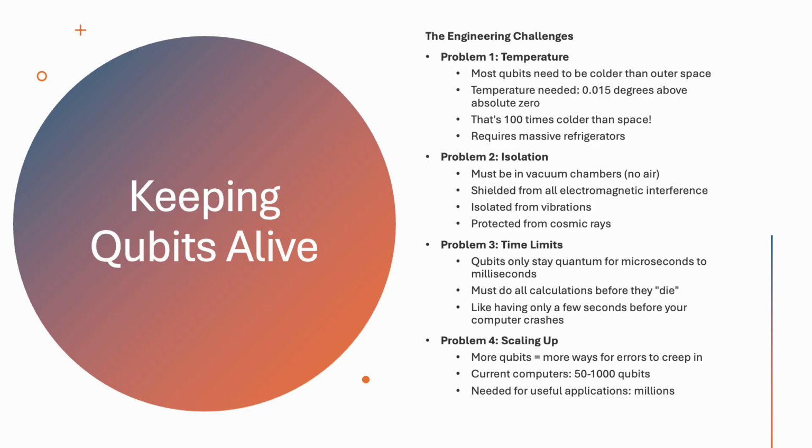It is like having a computer that crashes and loses all its memory every few thousandths of a second. As we add more qubits and try to build larger quantum computers, we create more opportunities for decoherence to creep in. The scalability challenge is one of the main reasons why today's quantum computers are still limited to relatively few qubits.